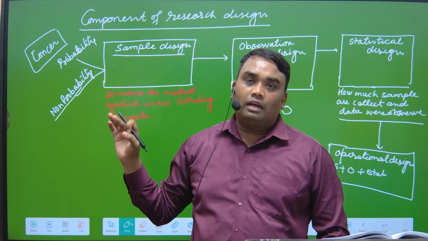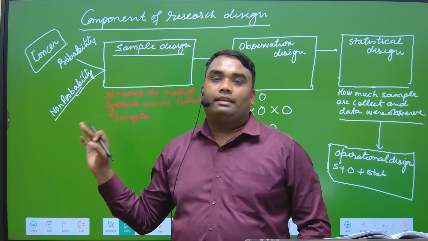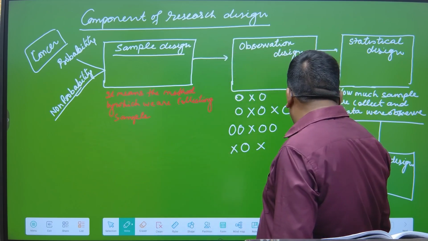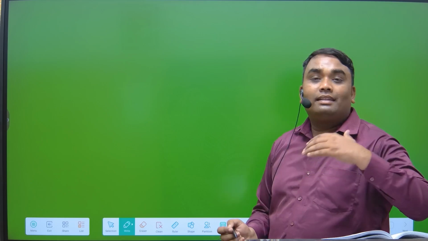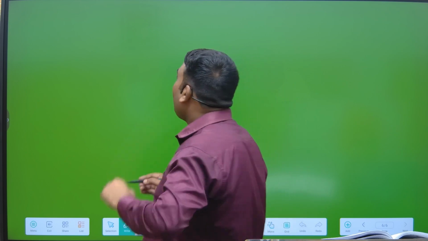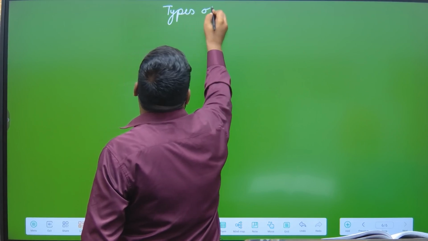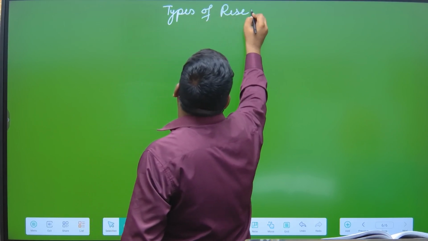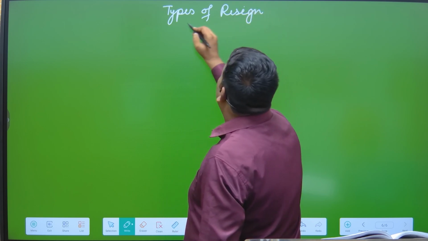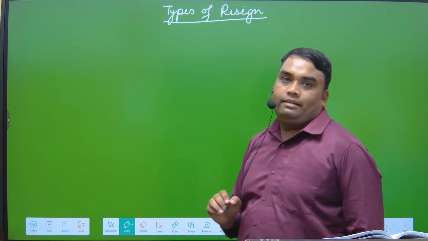So this is basically called the components of research design. After understanding this, we need to understand the next interesting topic. Its name is basically research design types. So how many types of research design are there? We need to understand.